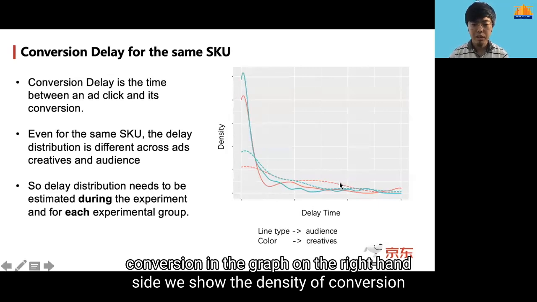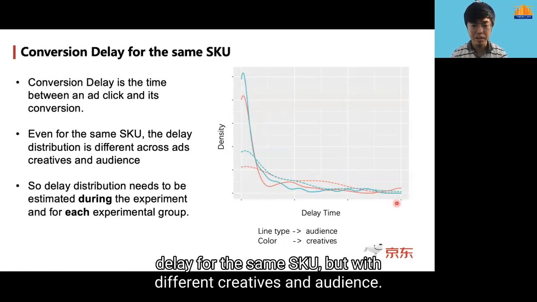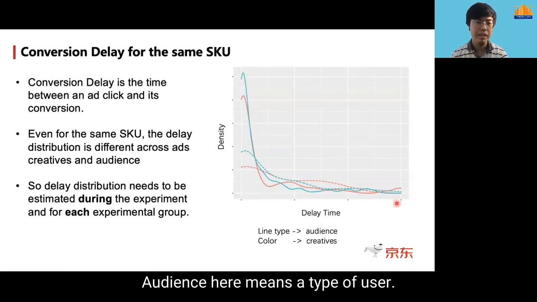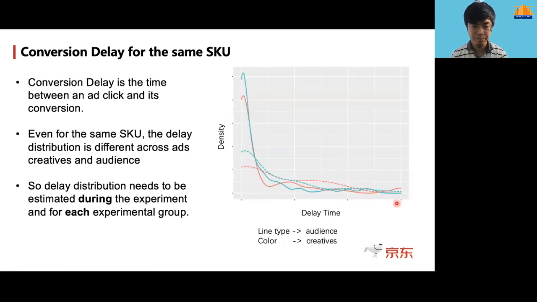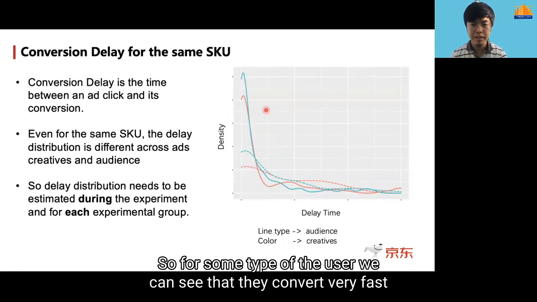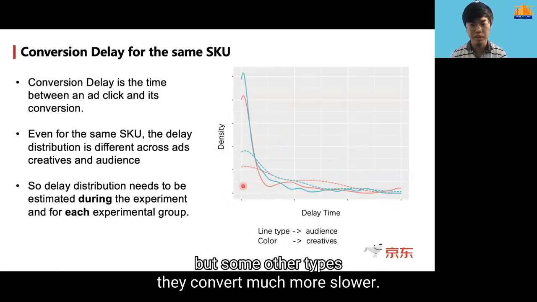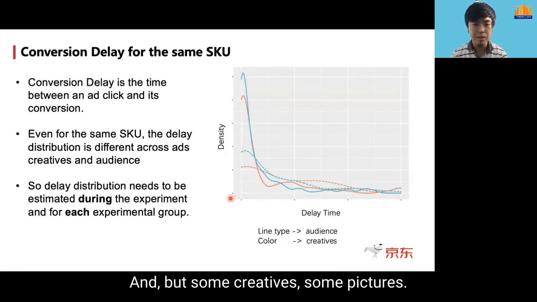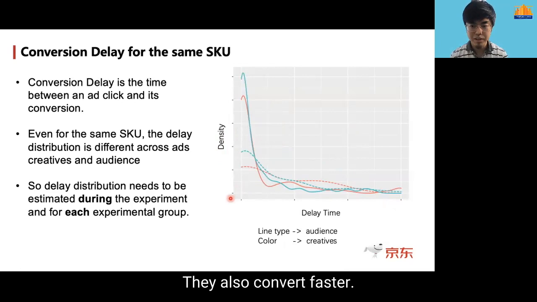In the graph on the right-hand side, we show the density of conversion delay for the same SKU, but with different creatives and audiences. Audience here means the type of user. For some types of users, we can see they convert very fast, but for other types, they convert much more slowly. And for some creatives, some pictures, they also convert faster.